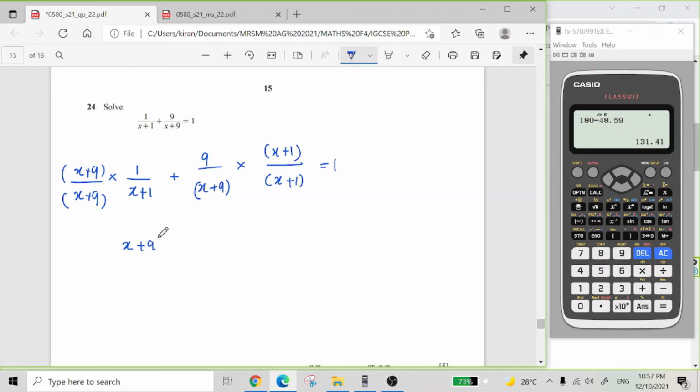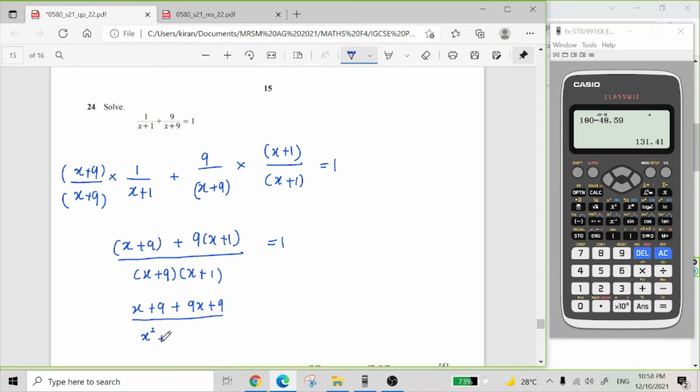So x plus 9 times 1, plus 9 times x plus 1, under the same denominator. Then we simplify: x plus 9, and we expand x square plus 10x plus 9, making sure we multiply everything, equal to 1.